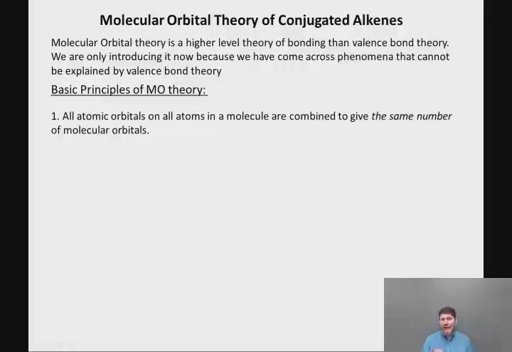Now, if you're doing an absolutely pure MO approach, you take all of the atomic orbitals on all of the atoms and combine them. Nobody actually does that. What most people care about is all of the valence orbitals. So that's what they will call their basis set, and the number of molecular orbitals you get out has to be the same number of atomic orbitals that you put into your basis set.